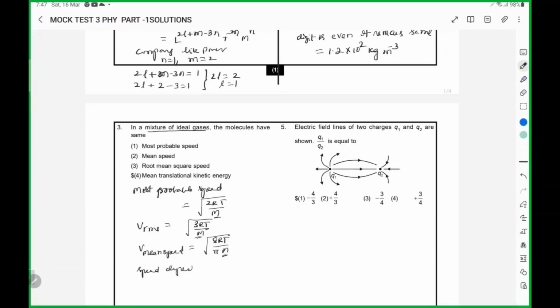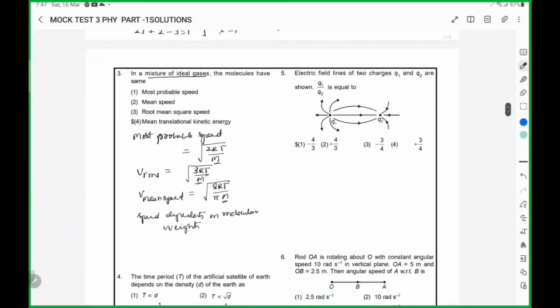Speed depends on molecular weight, so all molecules will not have the same speeds. The more the molecular weight, the lesser the speed. The less the molecular weight, the more the speed.